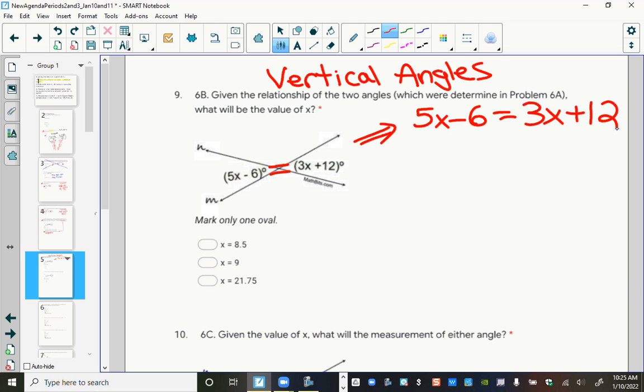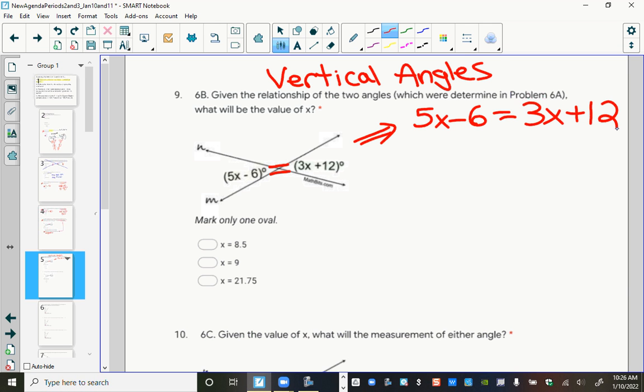So the vertical angles, set them equal to each other. Let's set up your equation, okay? Set up your equation. Try to find an x. Okay, you got it. Go around, see how we are doing.